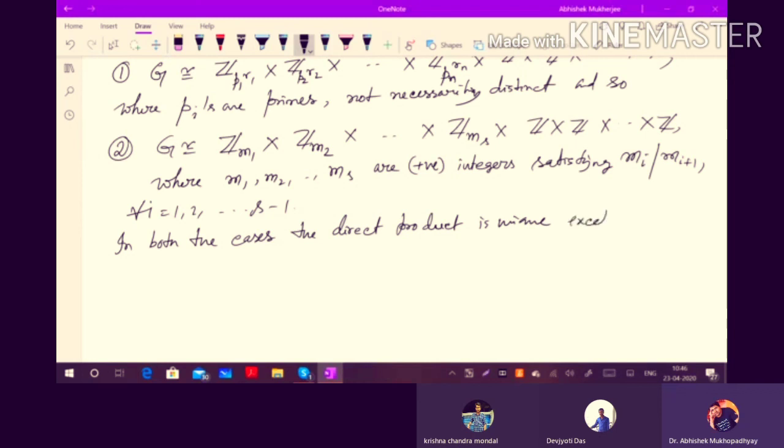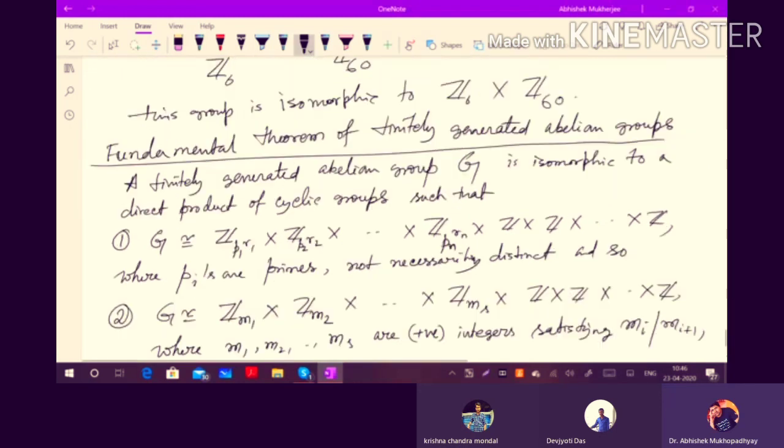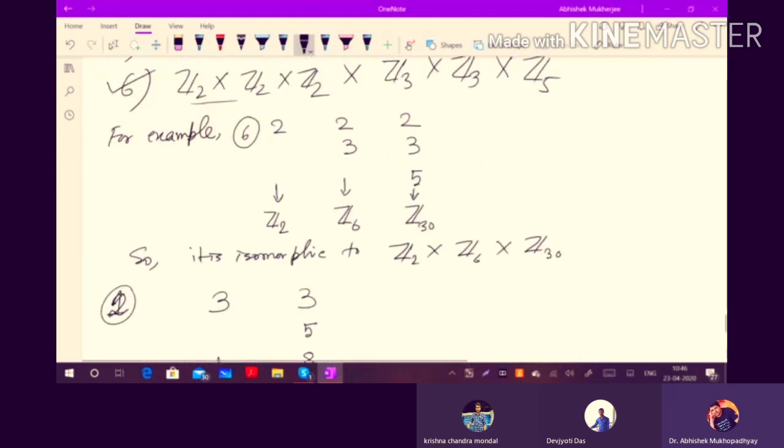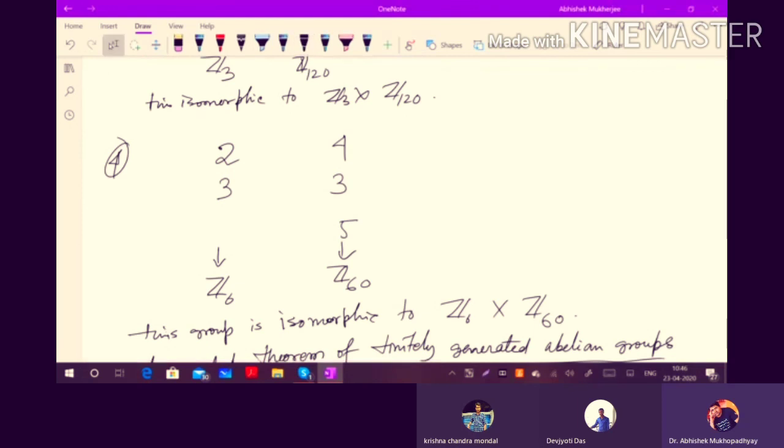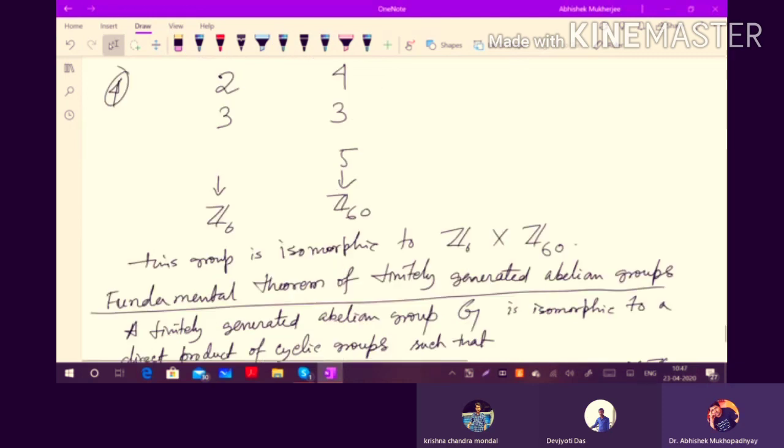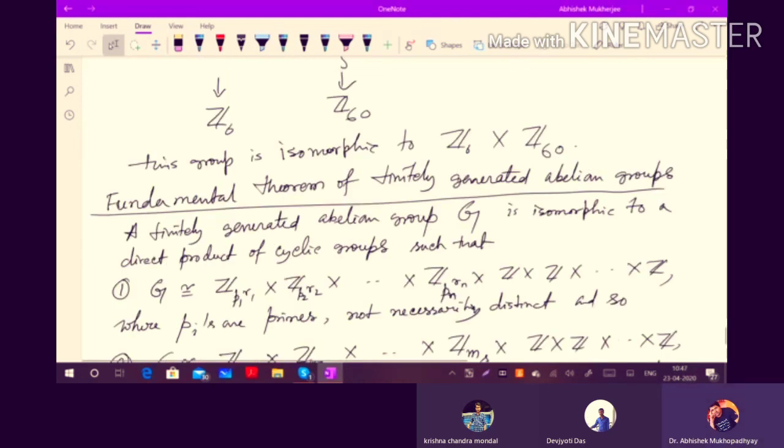Except for possible rearrangements, because we need to rearrange because of this observation: Zm cross Zn is isomorphic to Zmn if and only if GCD of m, n is 1. So we need to find out those pairs where m, n are relatively prime.